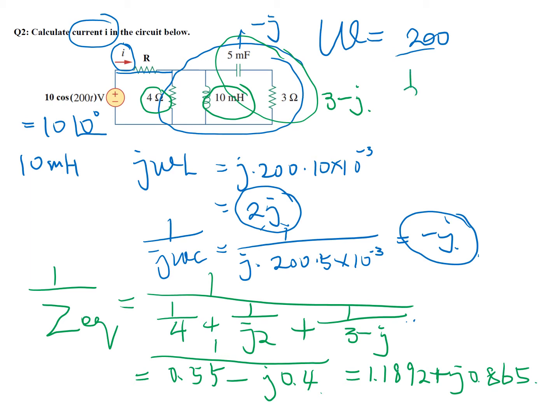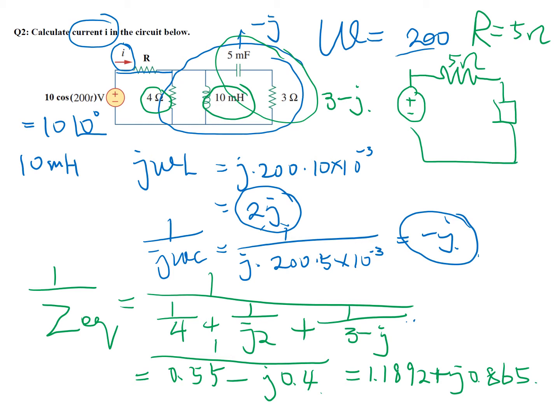So now the circuit becomes like this. We assume R is equal to 5 ohm. So there's a 5 ohm here, and the equivalent impedance here is the value we just found.